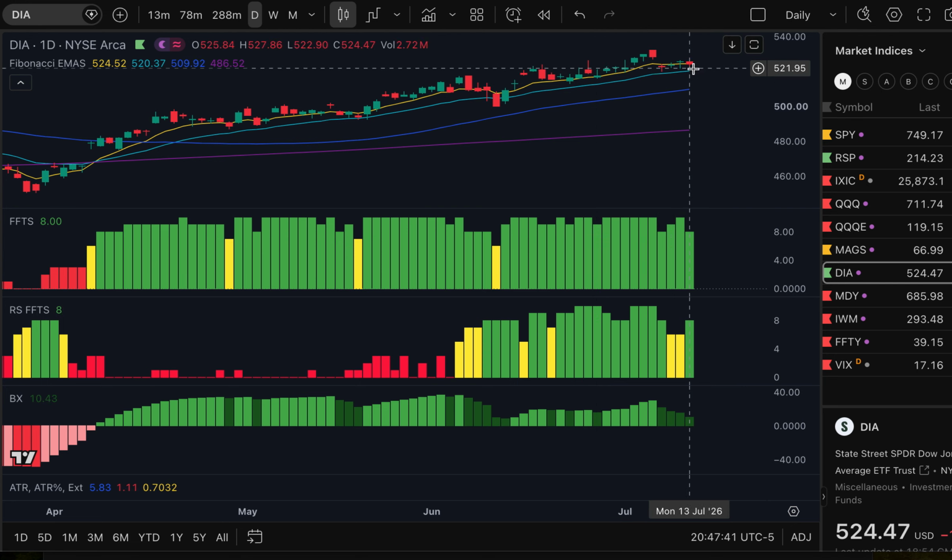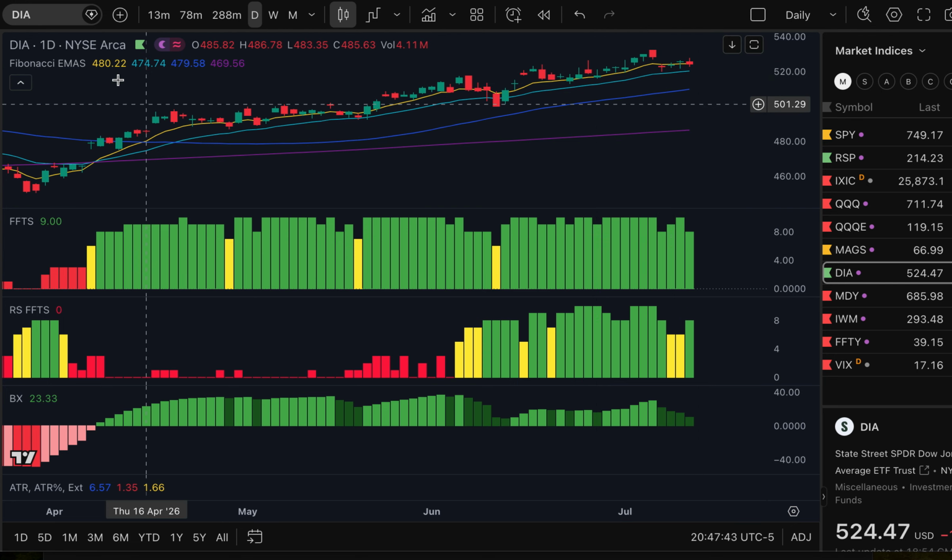On the chart itself, the moving averages that I have on here have the 8 EMA in yellow, the 21 EMA in aqua, the 50 simple moving average in blue, and the 200 simple moving average in magenta.